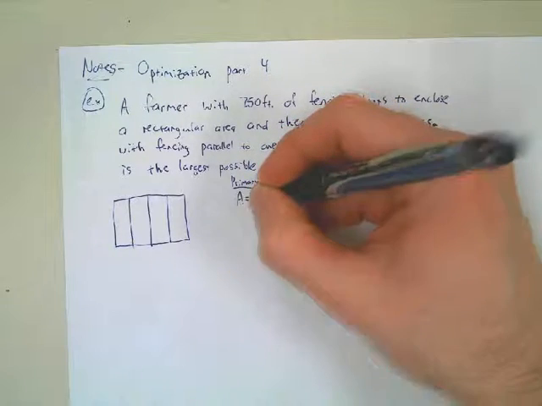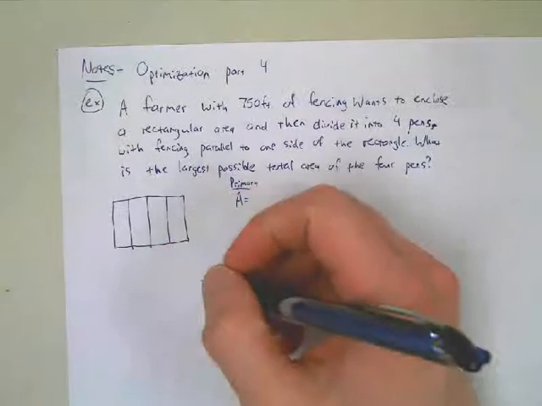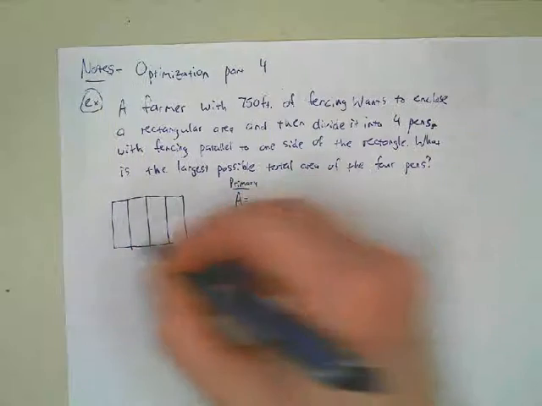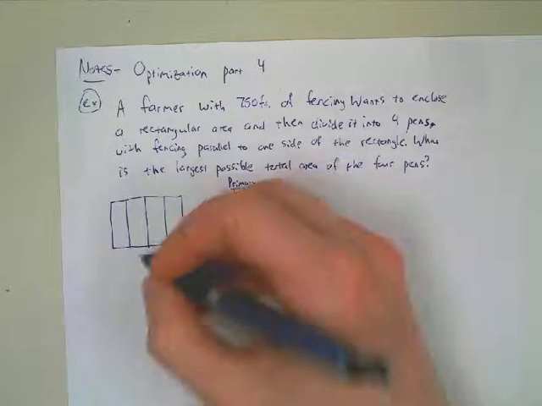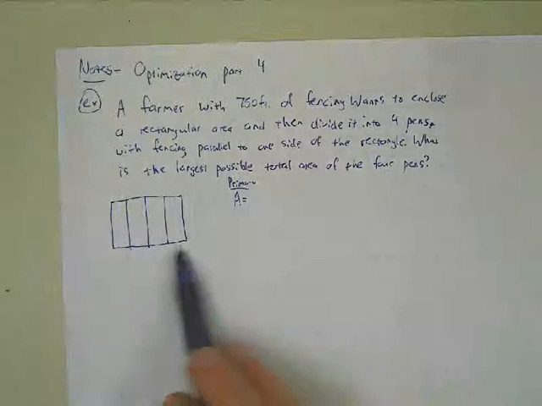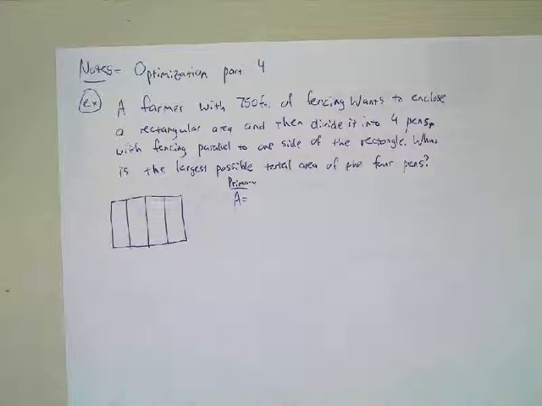So area equals. Now, we could call the whole side here x and the whole side here y. But then each little individual stall here would be x over 4, and that would create fractions and make it a little trickier to set up. So again, there is some freedom in how you set these things up, how you label them.